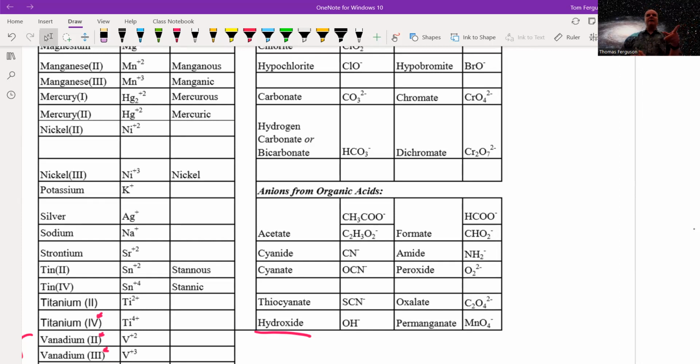Notice on the bottom right, acetate is up towards the bottom. I have it written two ways, and they're both correct. Unfortunately, if you're an organic chemist, you write it the top way, and if you're an inorganic chemist, you write it the bottom way. Same with formate on the right. Formate organic, formate inorganic. Same formula.